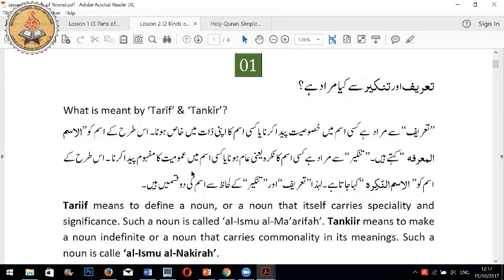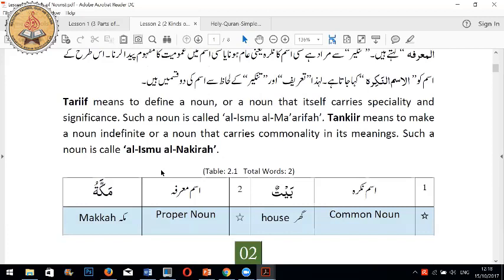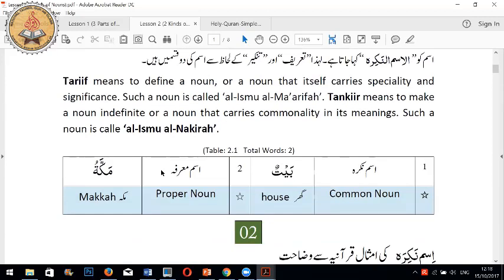If tarif is a process of making a word significant, important, special, tankir means to make a word common, insignificant, opposite with the meaning of ta'rif, significance. And it is called al-ismul nakira.